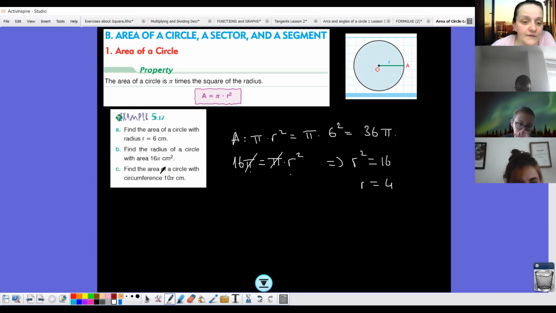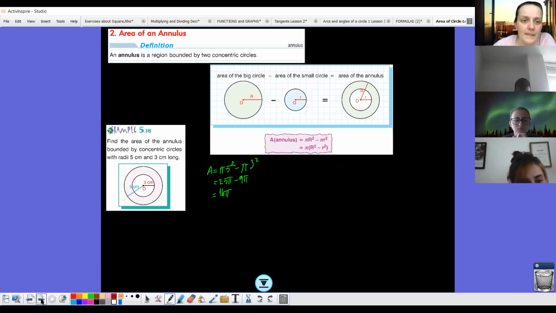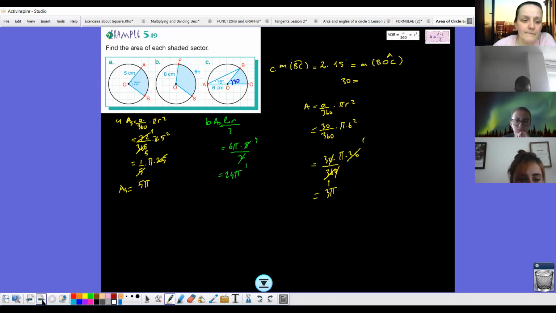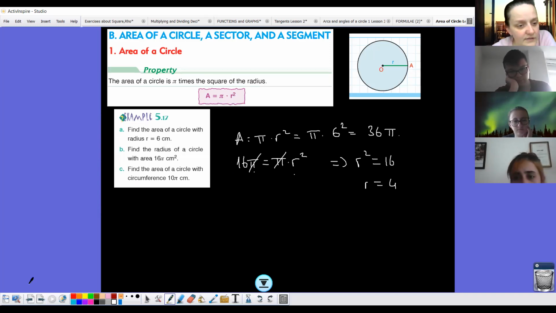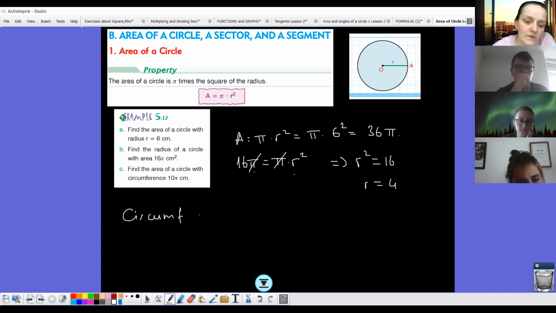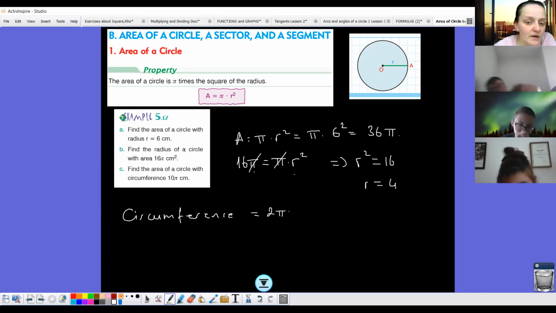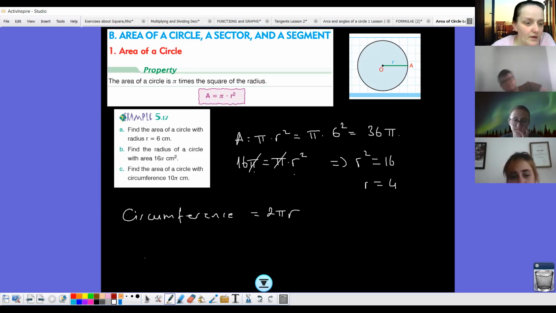And here it says find the area of a circle with the circumference. You know what circumference means? Circumference, the perimeter of the circle, let me write you, is 2 pi r always.